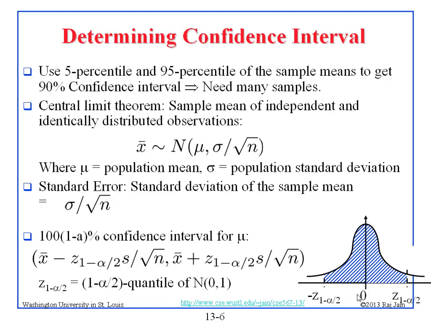So we'll present a formula here and then we'll show you what the formula is based upon. So let's say you want to get a 90% confidence interval. Then you want to have 5% error on this side, 5% error on that side, and we know that the means are normally distributed. Why are the means normally distributed? Anybody remembers the theorem?